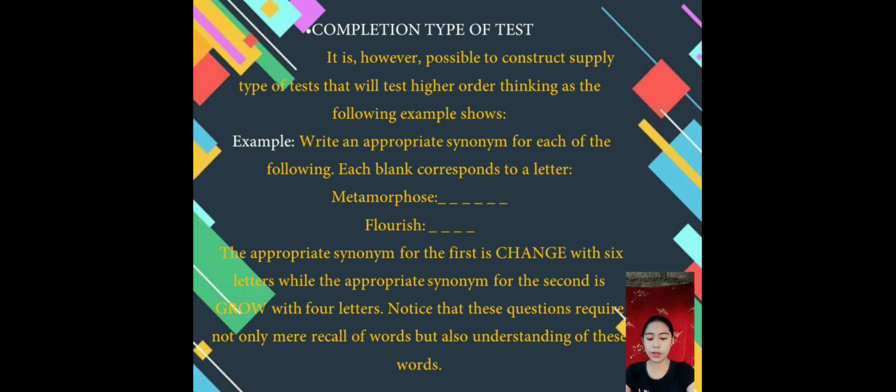The appropriate synonym for metamorphose is change, with 6 letters. Second example is flourish. The appropriate synonym is grow, with 4 letters. It's noticed that these questions require not only mere recall of words but also understanding of these words.